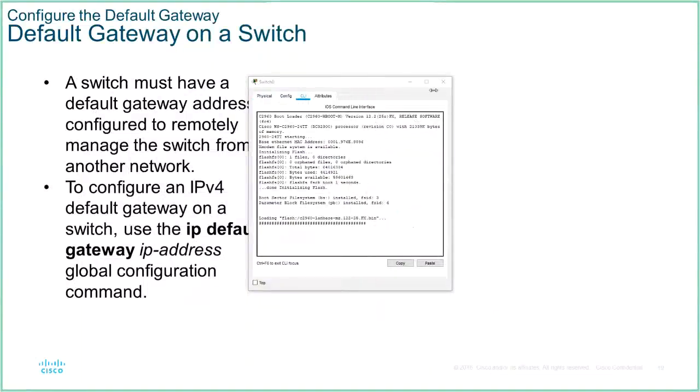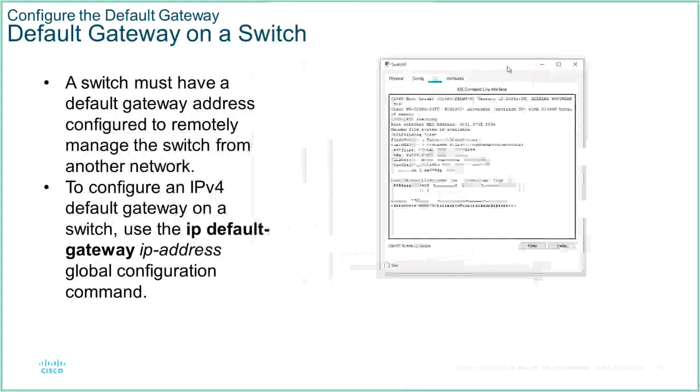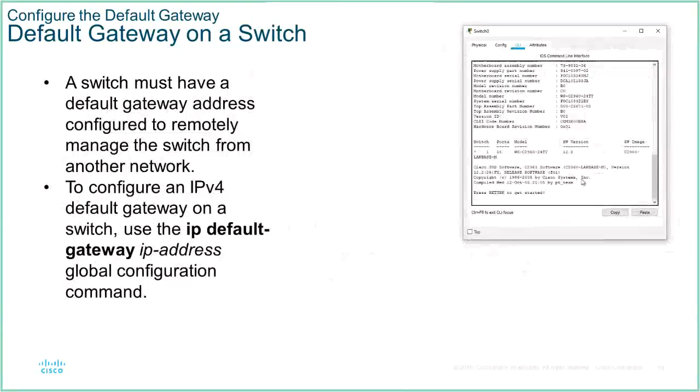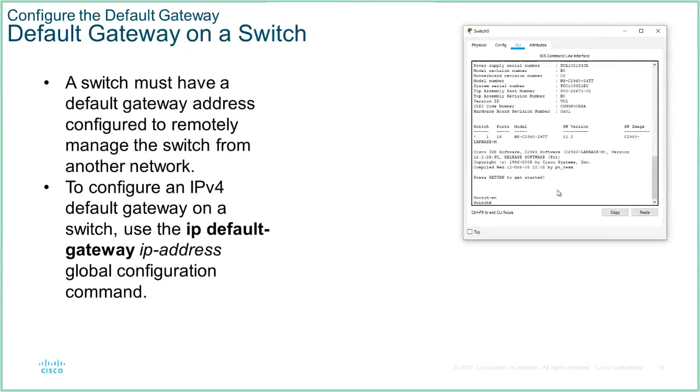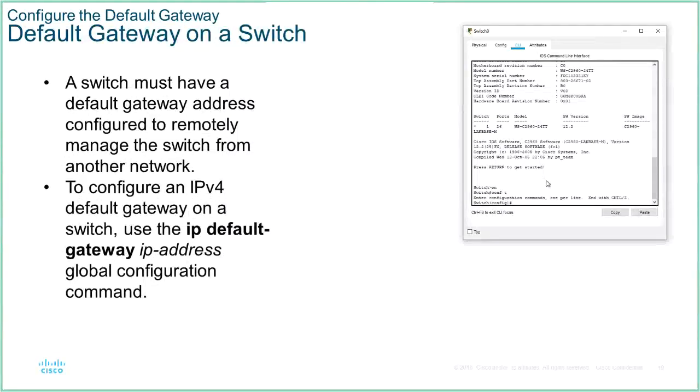So while that boots up, how do I get to this switch remotely? Well, you do the initial configuration exactly the same as the routers. So you have to go in and set the host name, passwords, all of that. All right.